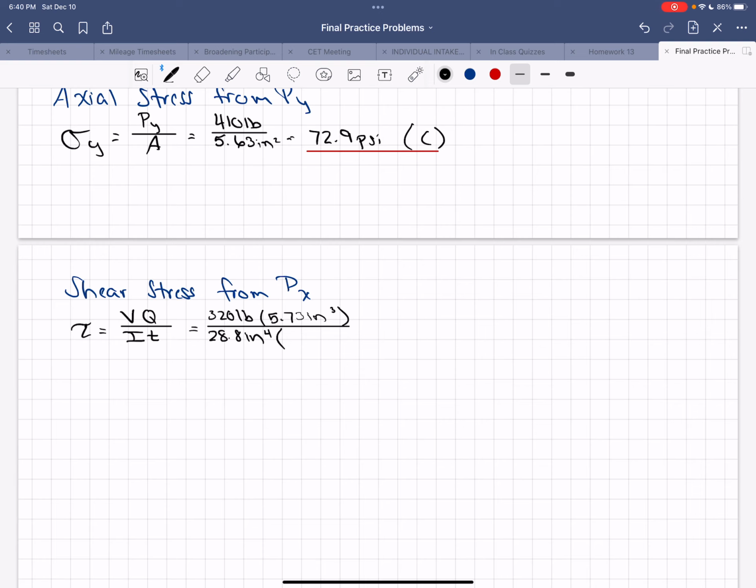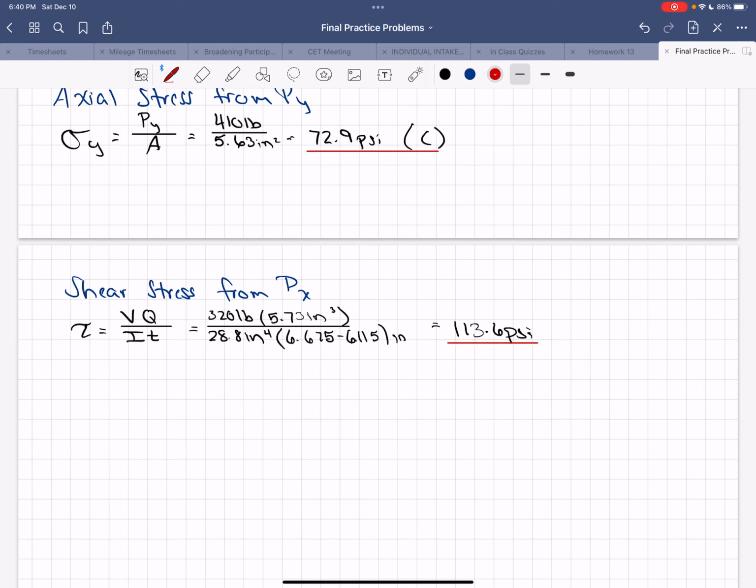And T is big D minus little d, so this captures the thickness of the wall on both sides. Big D is 6.675 minus 6.115, those are inches. So this bending shear stress is 113.6 psi.